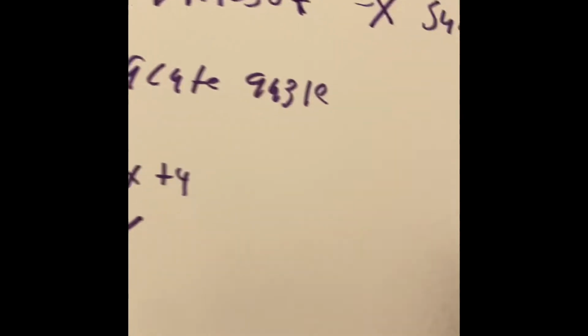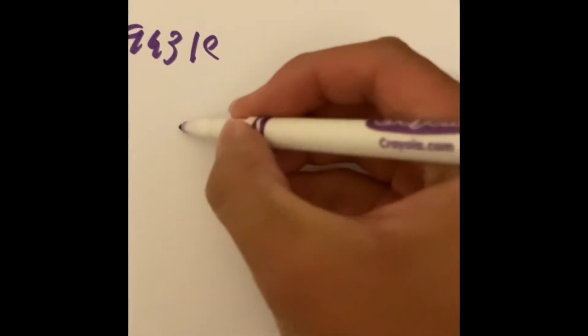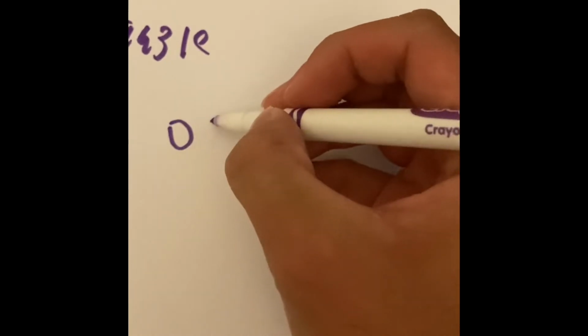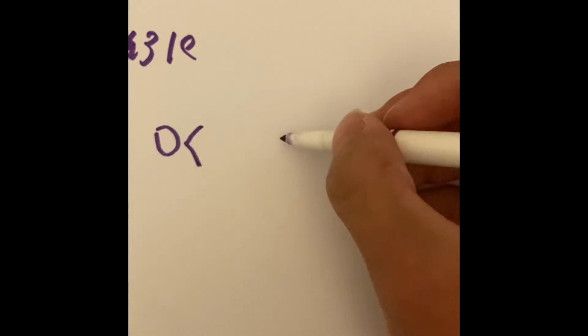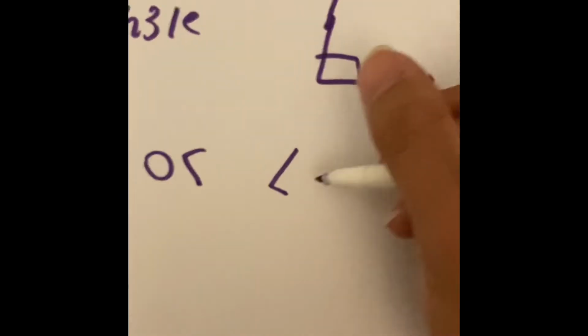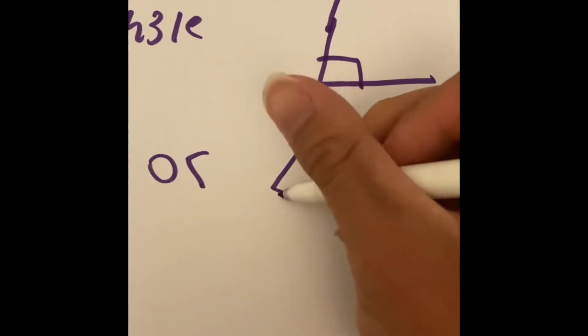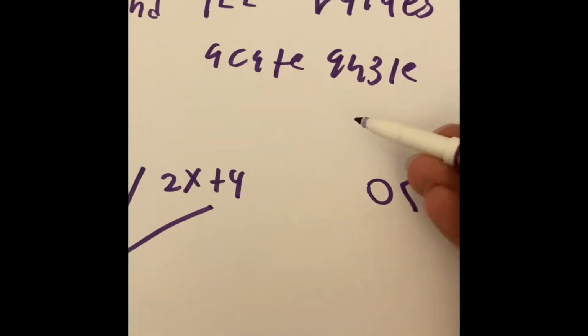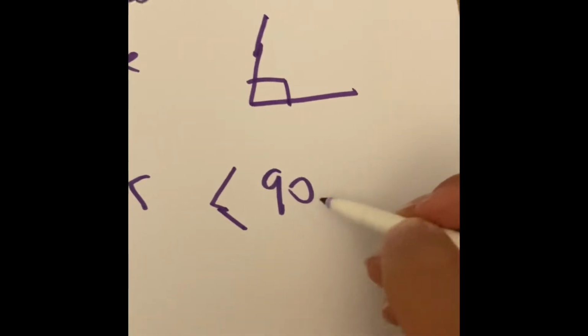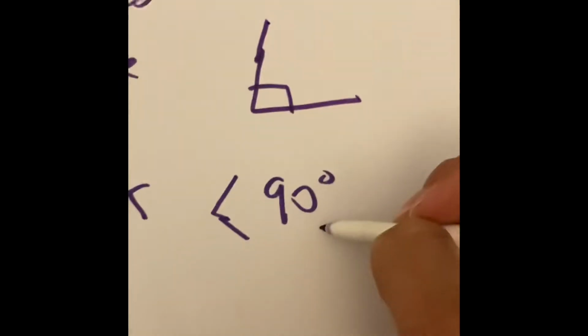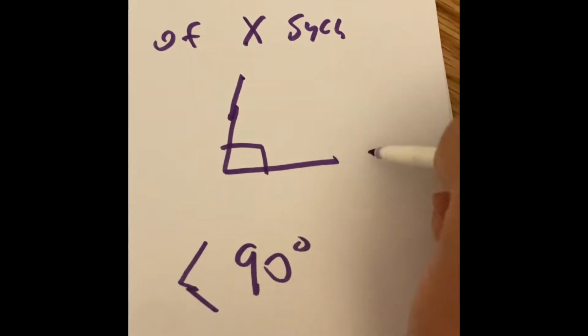Remember, an acute angle has to be greater than 0, and it also has to be less than 90 degrees, because an acute angle has to be less than 90 degrees. 90 degrees is actually a right angle.